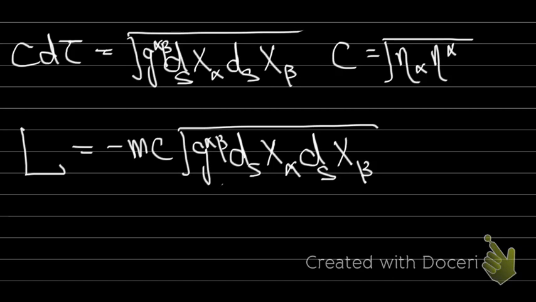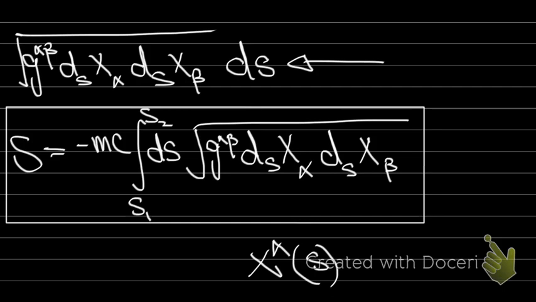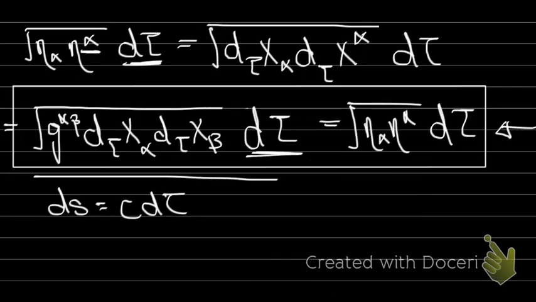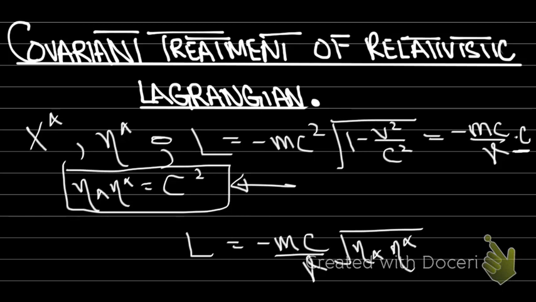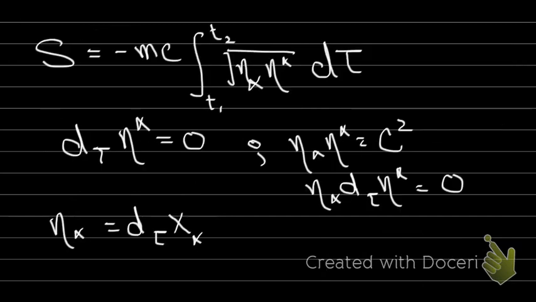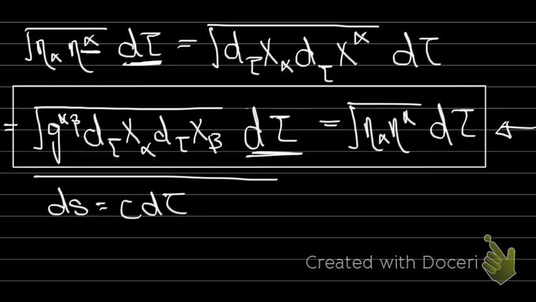So this is now the Lagrangian, where if you go back over here, this is how we defined the Lagrangian, and then we worked out this square root term and found it to be equal to this term in the box.